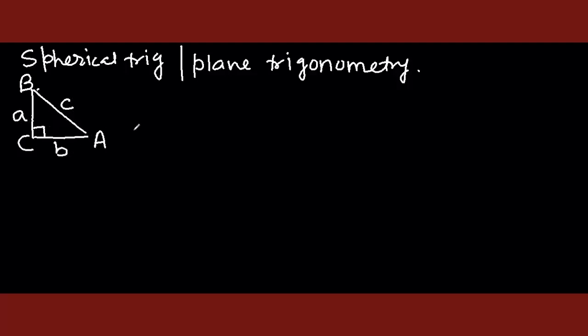So how do we relate a, b and c? We all know the Pythagoras theorem. So c is given by the square root of a square plus b square. This is an algebraic relation between a, b and c.